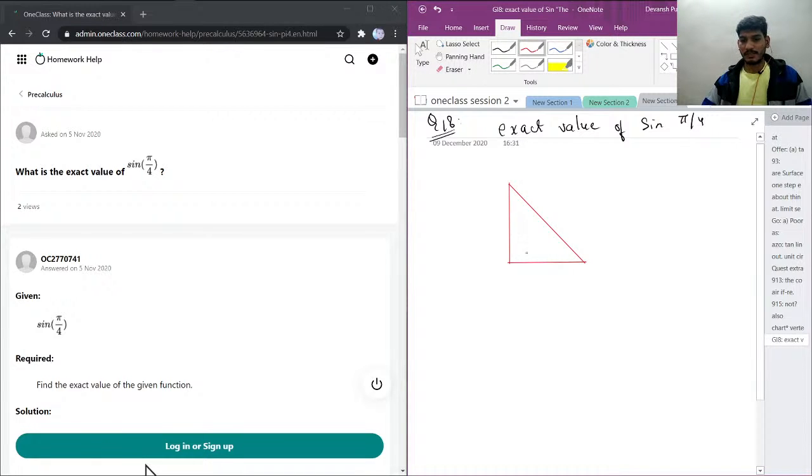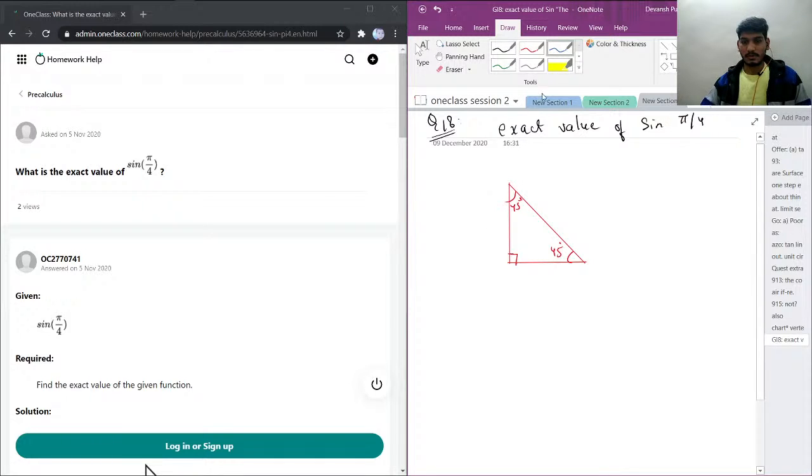So let's say this is a right angle triangle, this is 90 degrees, and this is also an isosceles triangle. So these angles are going to be 45.